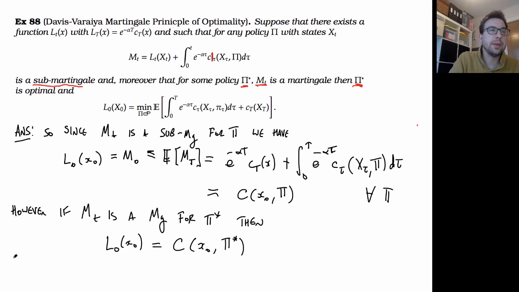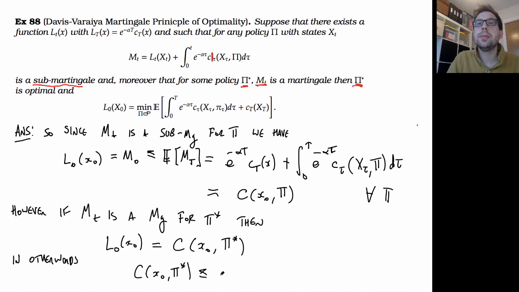In other words, the cost following pi star is less than the cost of any policy. In other words, the cost of that policy is less than everything, so it's an optimal policy.